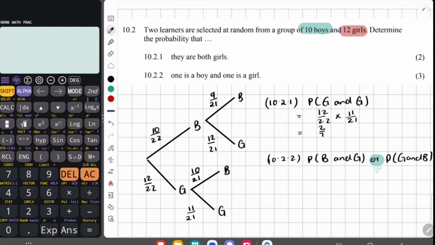A simple explanation for this or would be, let's say we had a coin and I asked what is the probability of flipping this coin and landing on heads. That would just be 1 out of 2. But what if I said, what is the probability of flipping this coin and then landing on heads or tails? Well, there's only 2 outcomes here. It's either you get heads or you get tails.